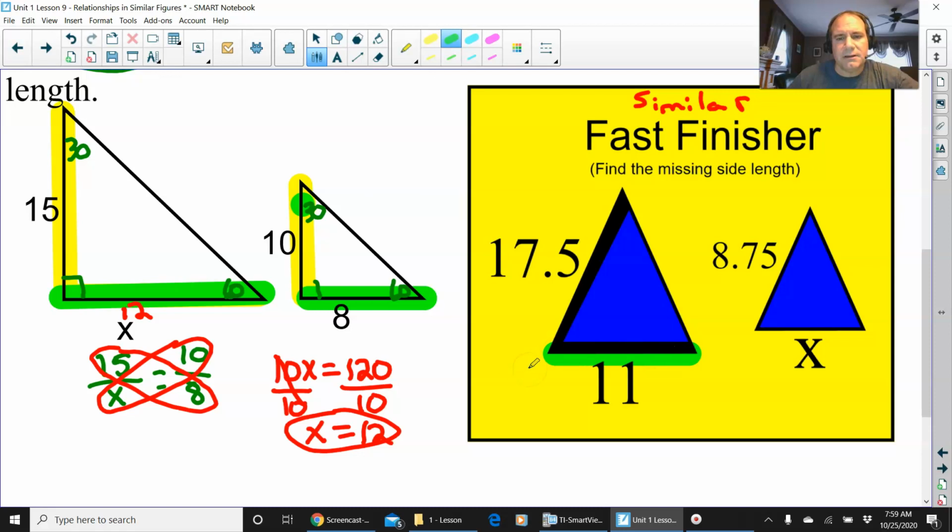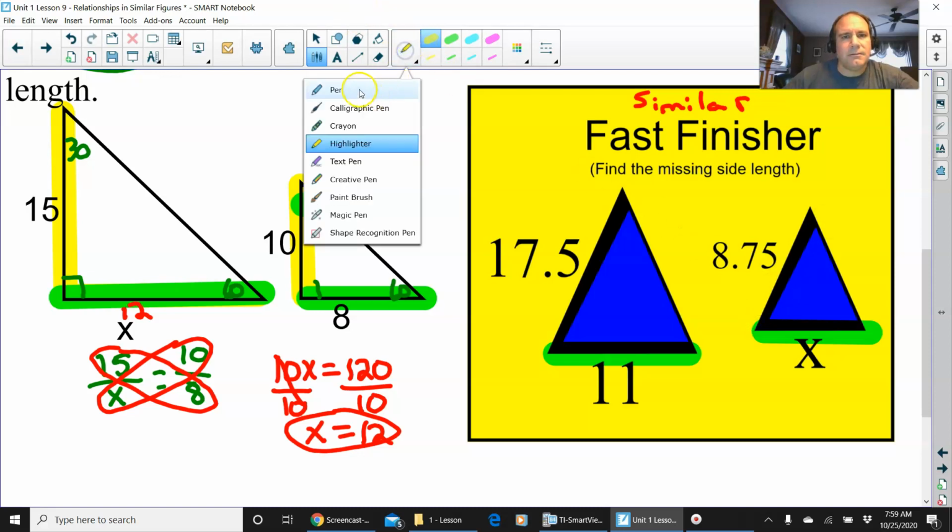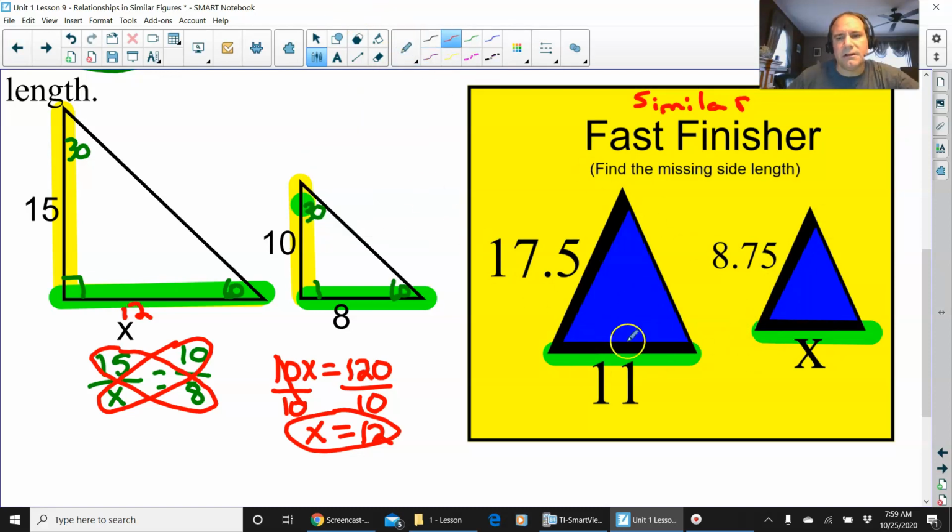All right, so the corresponding sides, I'm going to match green with green and yellow with yellow. Yellow, black, black. There you go. Black with black, yellow with yellow, green with green. So here we go. I'm going to do the same exact thing. I'm going to create a proportion, right?